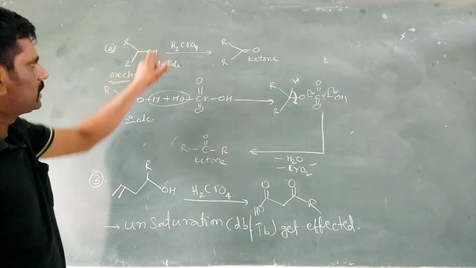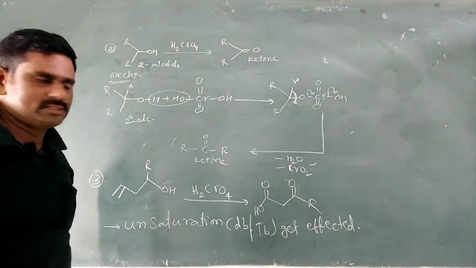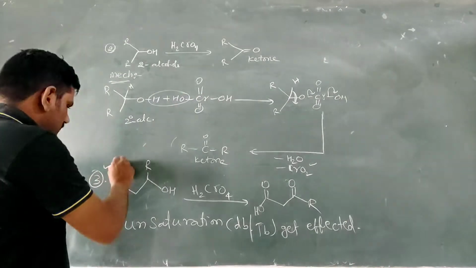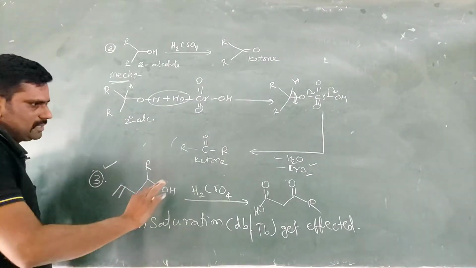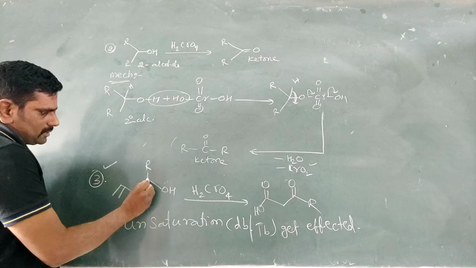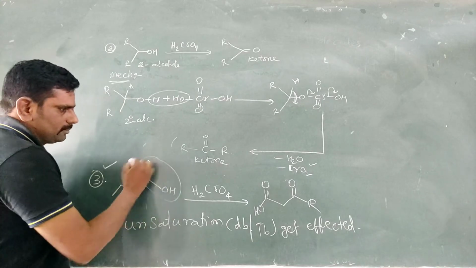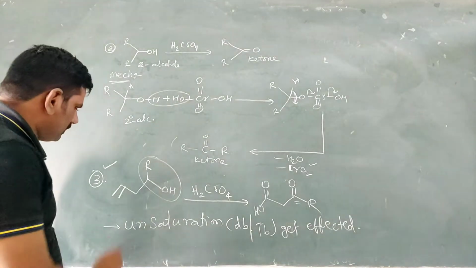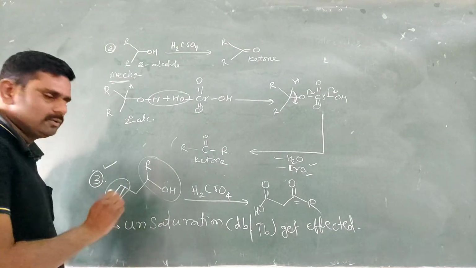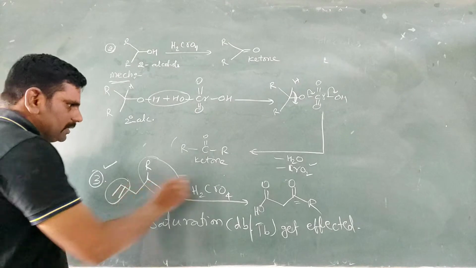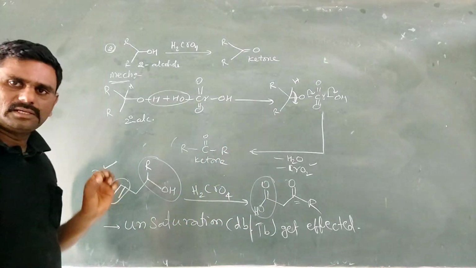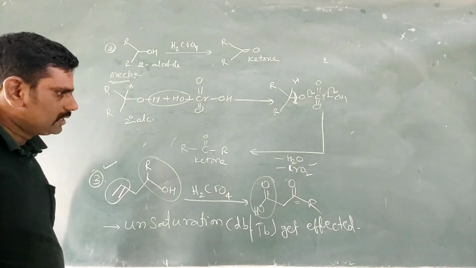Generally, chromic acid is a suitable reagent to convert secondary alcohols to ketones. Next, the third one. In this reaction, the secondary alcohol part becomes ketone, which is expected, but what happened here? Here unsaturation is present, a double bond. The double bond becomes carboxylic acid. The double bond is getting oxidized unexpectedly.